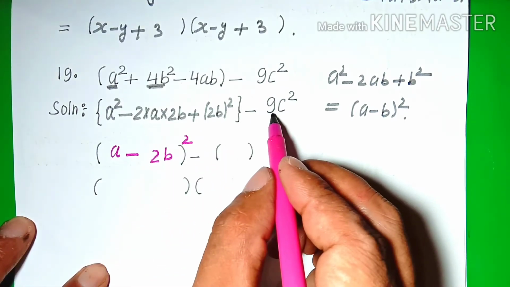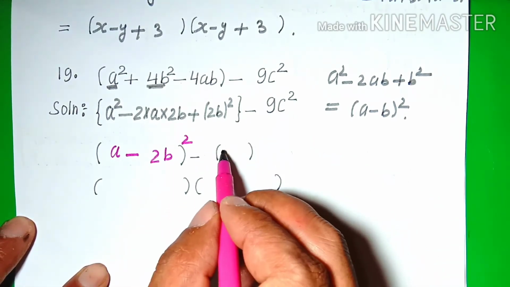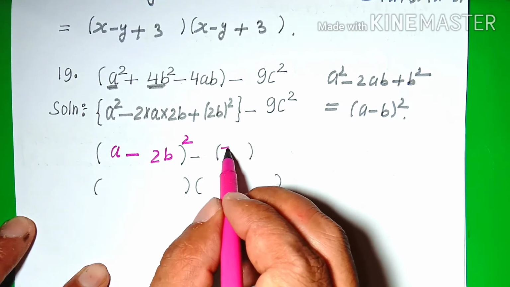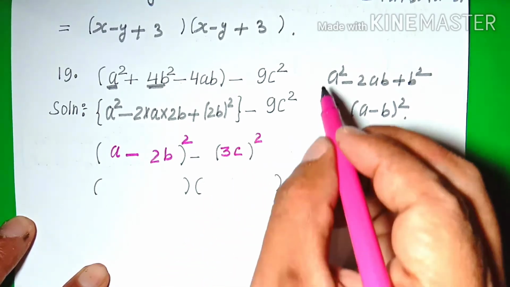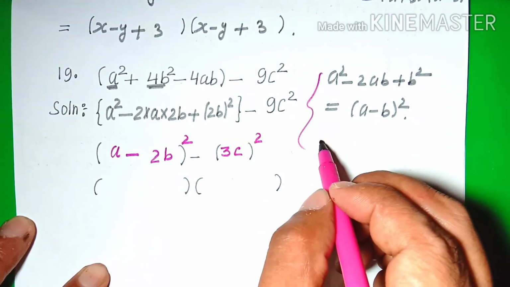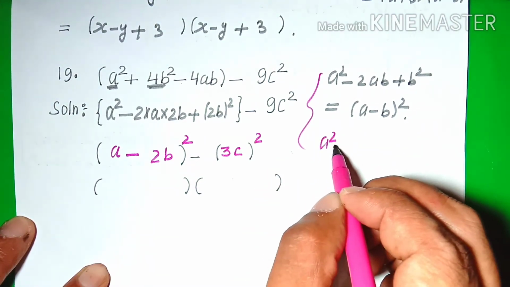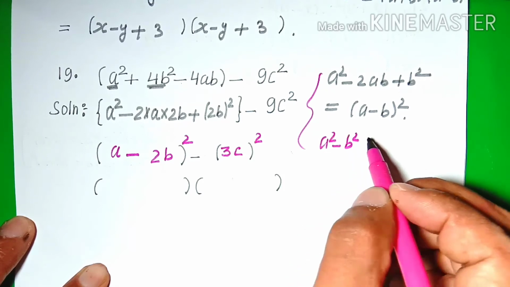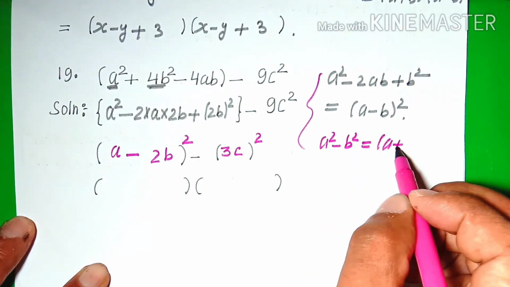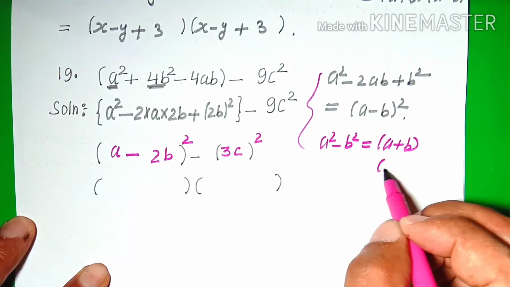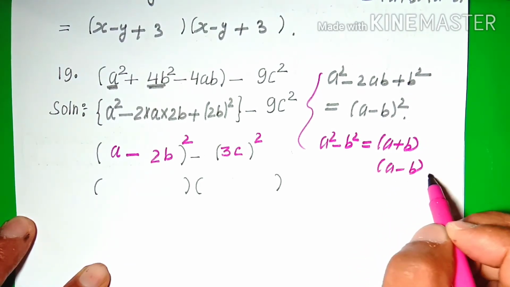To the other one here, 9, and we know that it is a perfect square of 3. It has a variable c square, which means here I've got the form a square minus b square, and that can be taken as a plus b into a minus b.